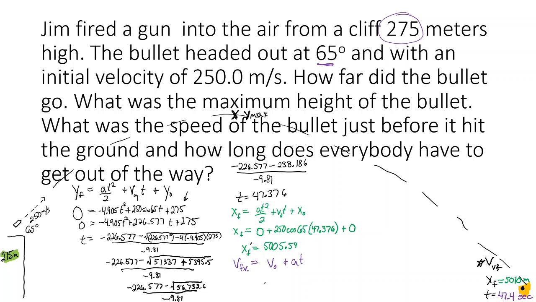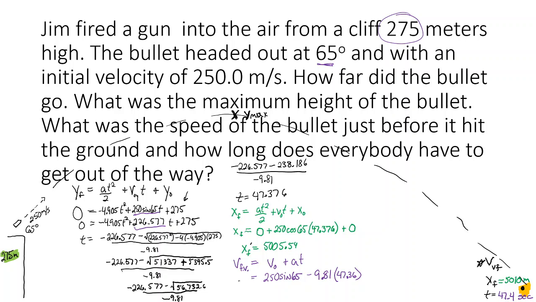So the velocity initial in the vertical direction is found by 250 sine 65, which we already calculated over here. And acceleration, and remember we're talking about vertical, is negative 9.81 times the final time, 47.36.